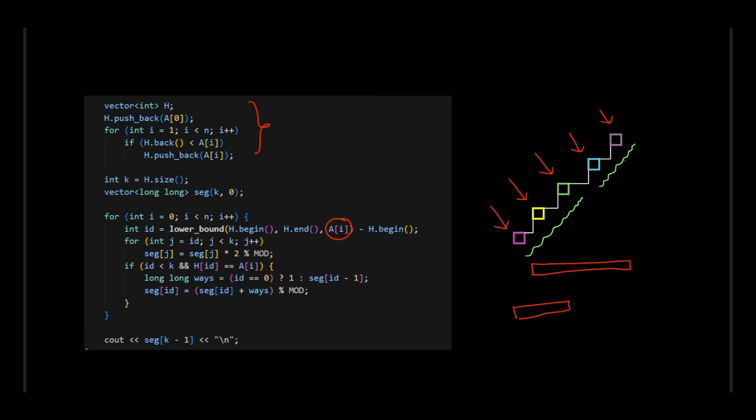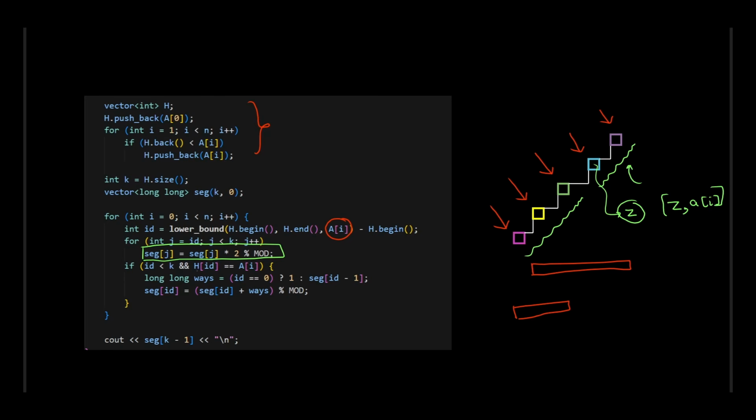For all the levels that are greater than AI, you can simply append x to it and their level will not change. So you have both the choices there. If the number of subsequences that you have created so far is Z, you can either keep that subsequence as it is, or create a new subsequence Z comma AI that you just appended. That is why we multiply it by 2.